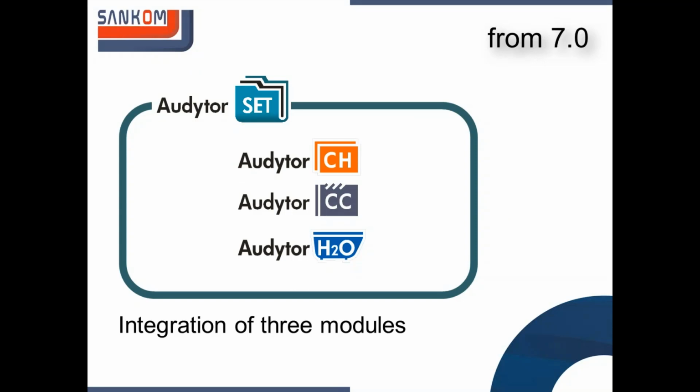Will my computer work with it? Don't worry, because the internal structure of the program is such that the majority of the code is the same for all these modules. So in fact, after integration, the size of the program has grown by about 5%. So it's 5% bigger, not 3 times.